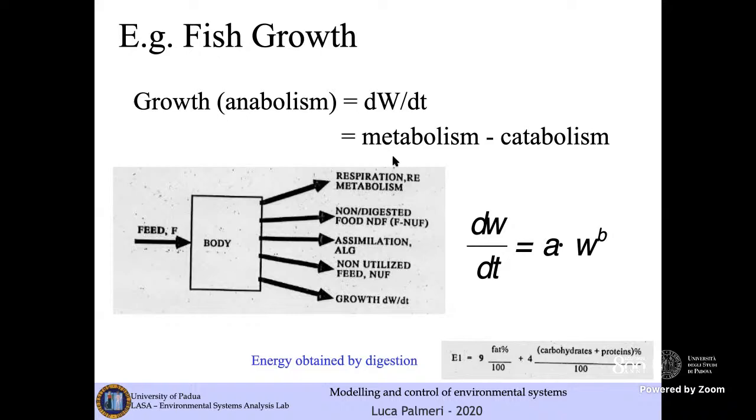Metabolism is the energy consumption per unit time per unit of body biomass, minus catabolism, that is the energy employed by a starving organism, so the energy employed just for maintaining the organism alive. So we may subdivide the total energy consumption, metabolism, into two contributions, growth, that is anabolism, plus catabolism, that is the energy employed by the organism to survive.